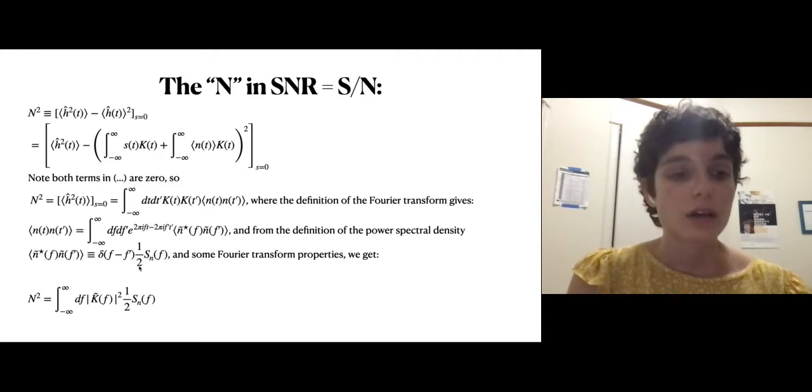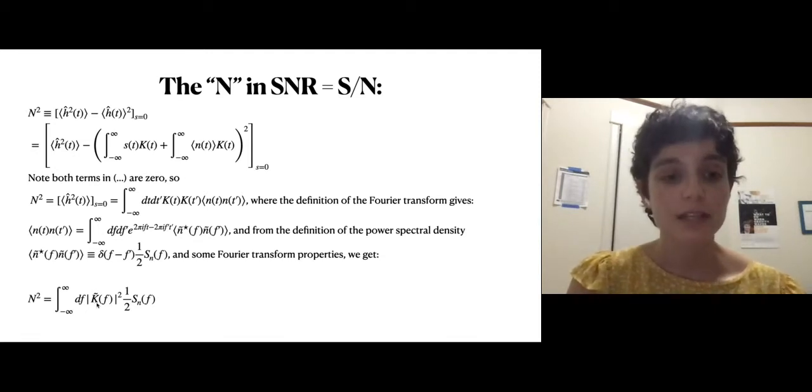So we can then write N squared here, which again is just this term, in terms of the absolute value of the Fourier transform of the template k times the noise power spectral density at some frequency.